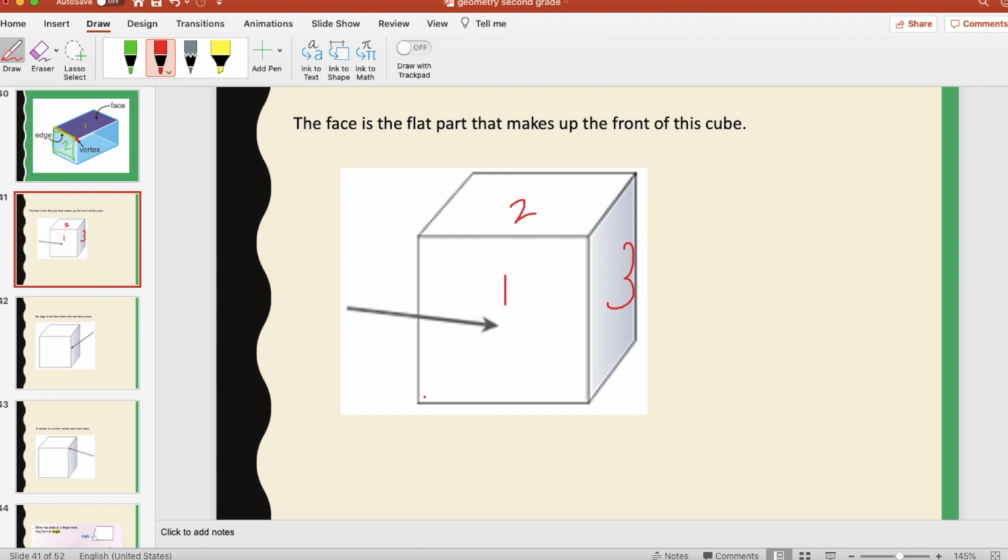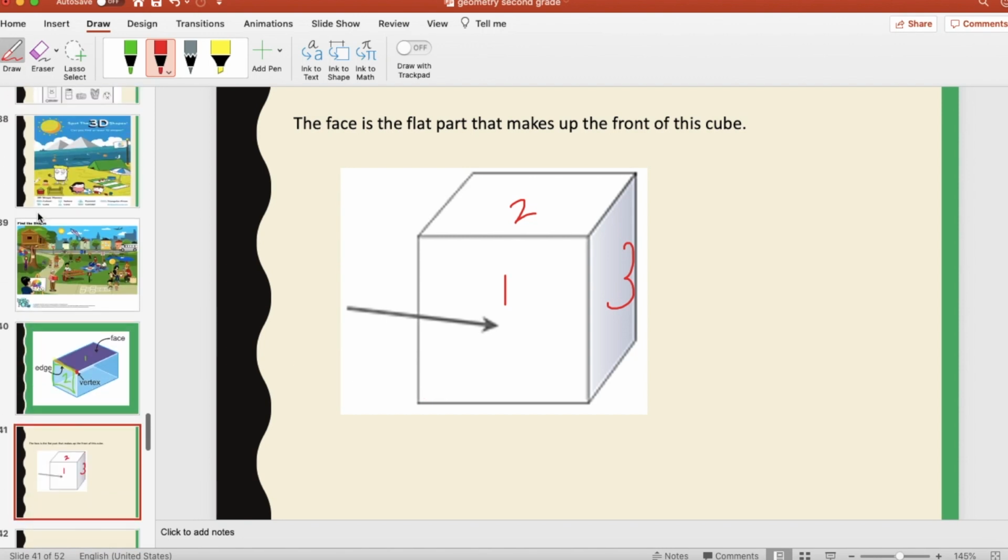If you had a box in front of you, you could see there's one at the top, one at the bottom, one to the left, one to the right, and one in the front and one in the back.